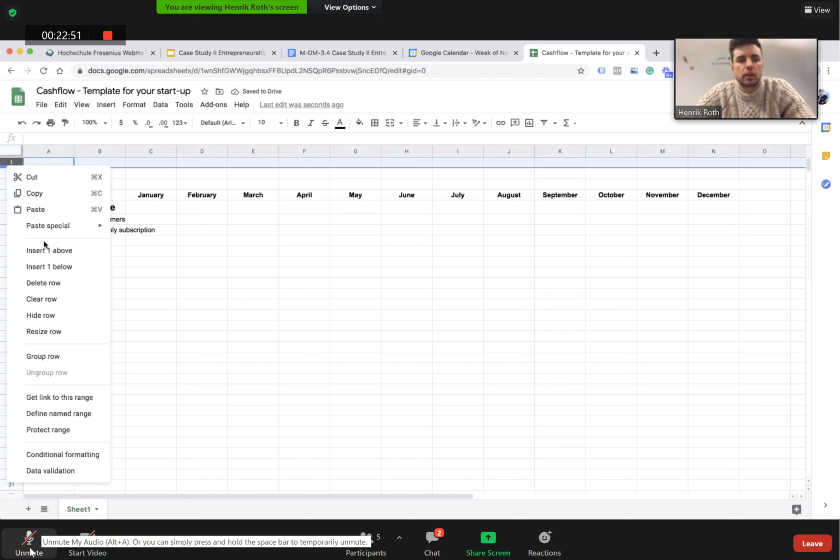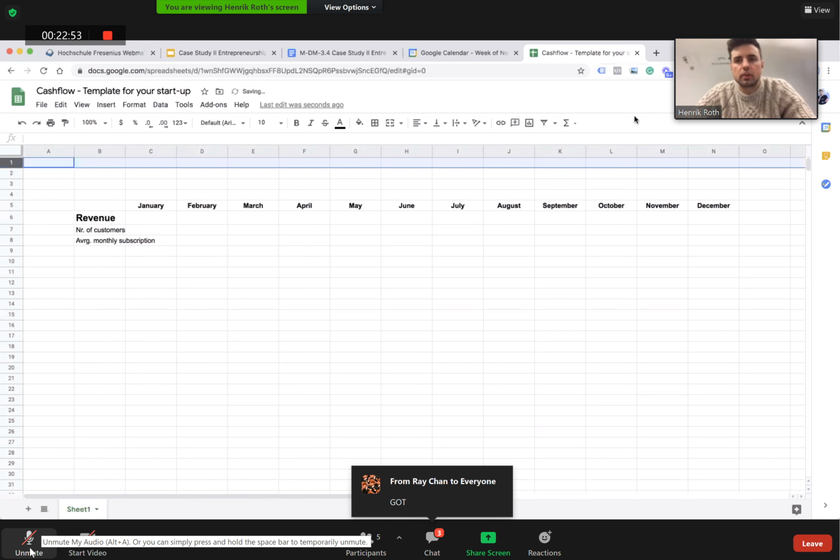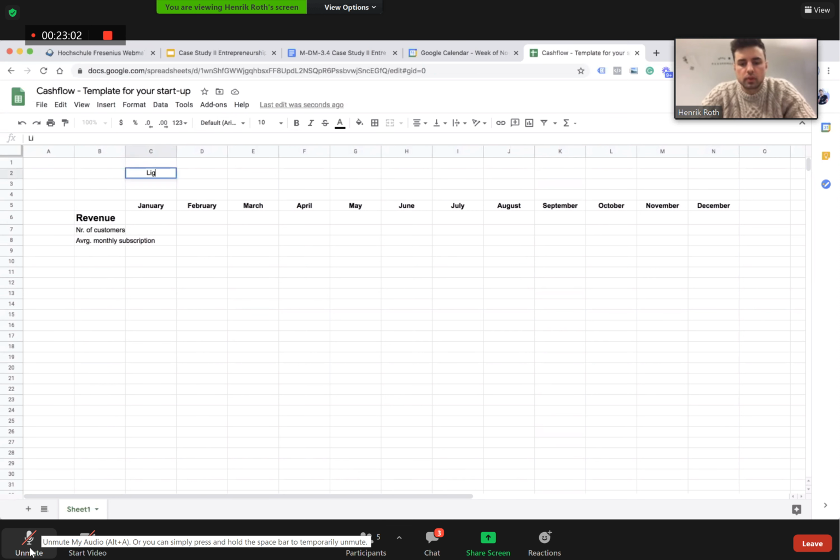Okay, so I will then put here on the top: the light plan costs 49 euros per month. The premium plan costs 199 euros per month. It's just random.